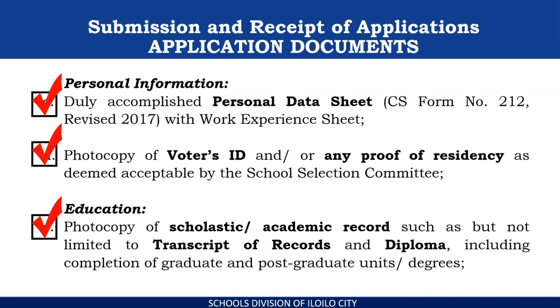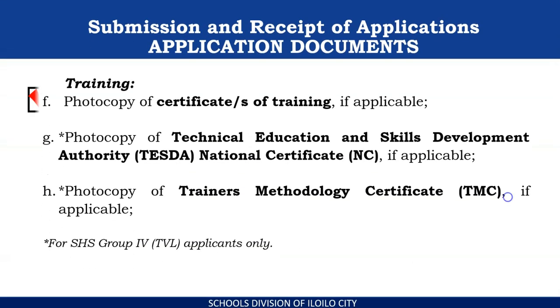Next, photocopy of scholastic or academic record, such as but not limited to transcript of records and diploma, including completion of graduate and postgraduate units or degrees. Photocopy of certificates of training if applicable. For senior high school TVL applicants, photocopy of the Technical Education and Skills Development Authority or TESDA National Certificate if applicable.